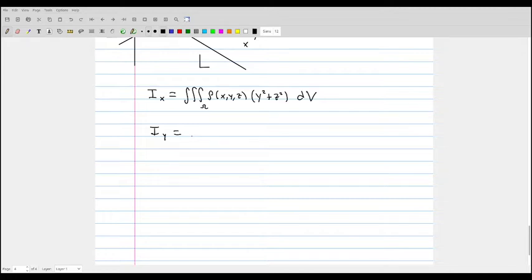the moment of inertia about the y-axis will be the triple integral over omega of the density function times the square distance to the y-axis, which is x squared plus z squared.